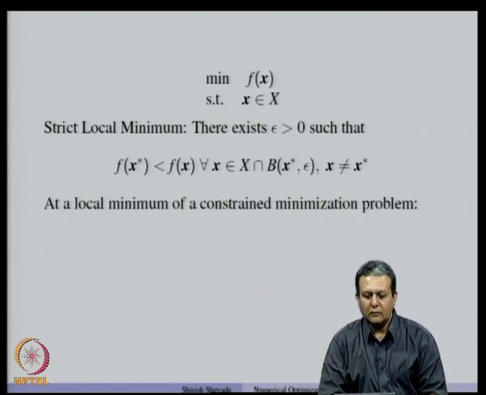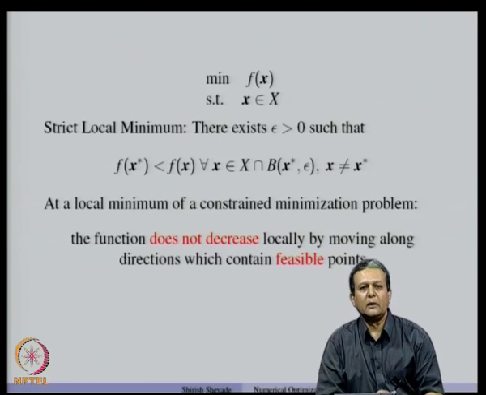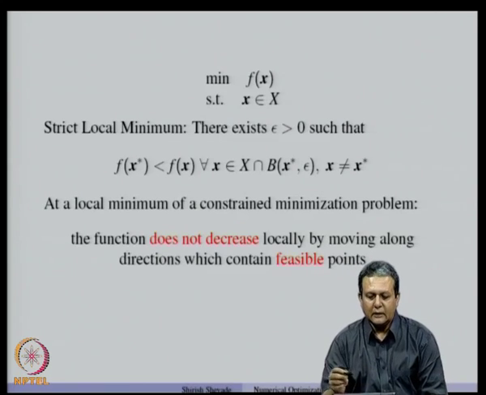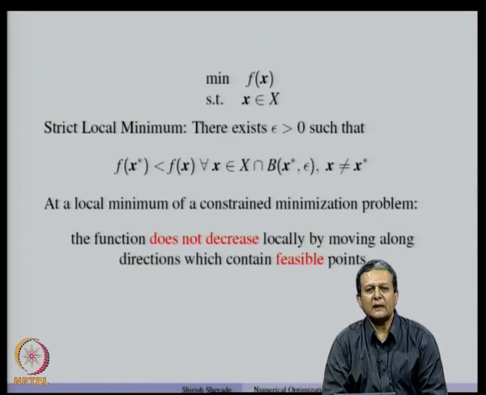So, at a local minimum of a constraint minimization problem, you can see that the function does not decrease locally by moving along the directions which contain feasible points.